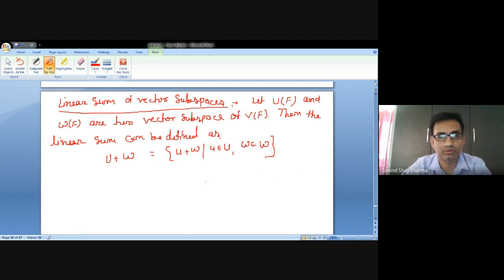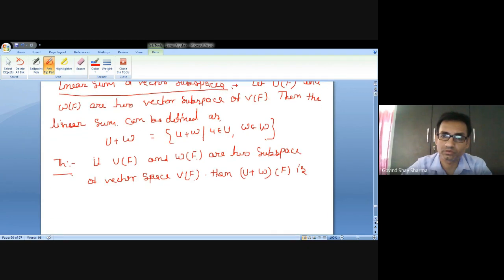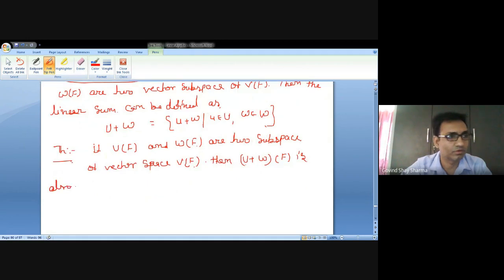Now we take a theorem to show this. Theorem: If U_F and W_F are two subspaces of vector space V_F, then U plus W is also a subspace.